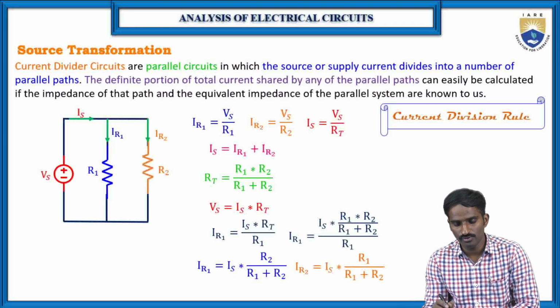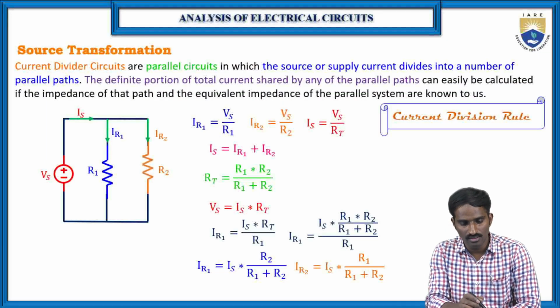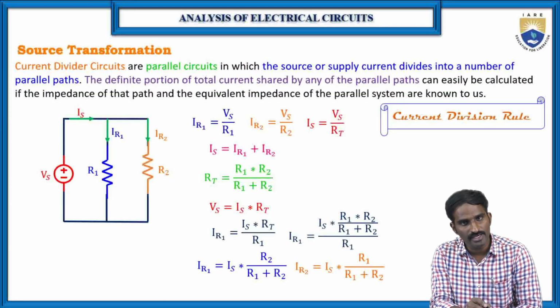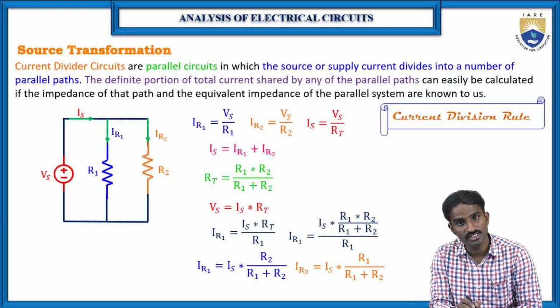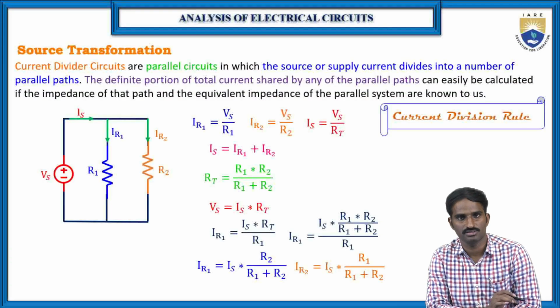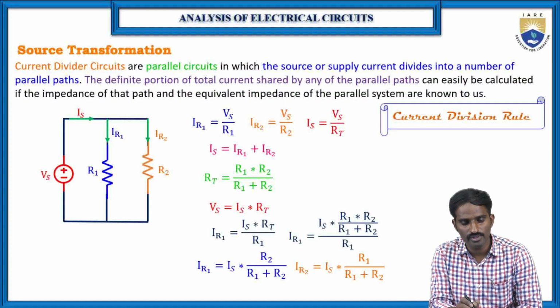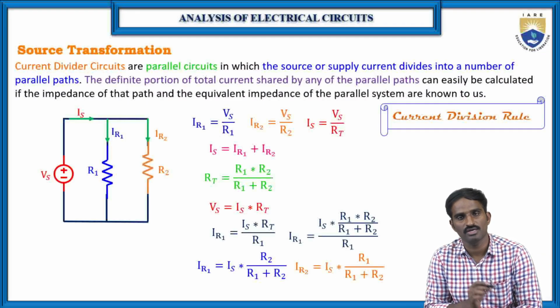The same way, IR2 is equal to Is into R1 by R1 plus R2. Which means, if you want to find the current flowing through R1, then it is the total current Is into the opposite resistance R2 by the total resistance. Similarly, if you want to find the current flowing through R2, then it is the total current Is into the opposite resistance R1 by the sum of the two resistors, R1 plus R2.